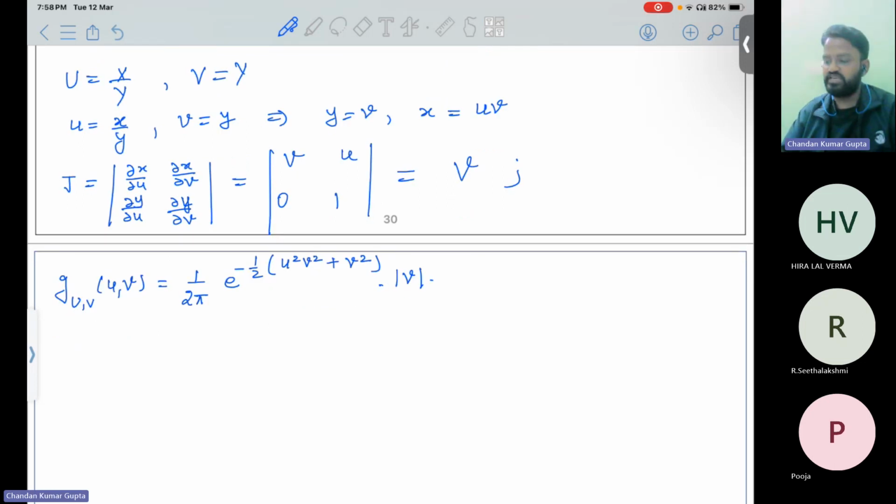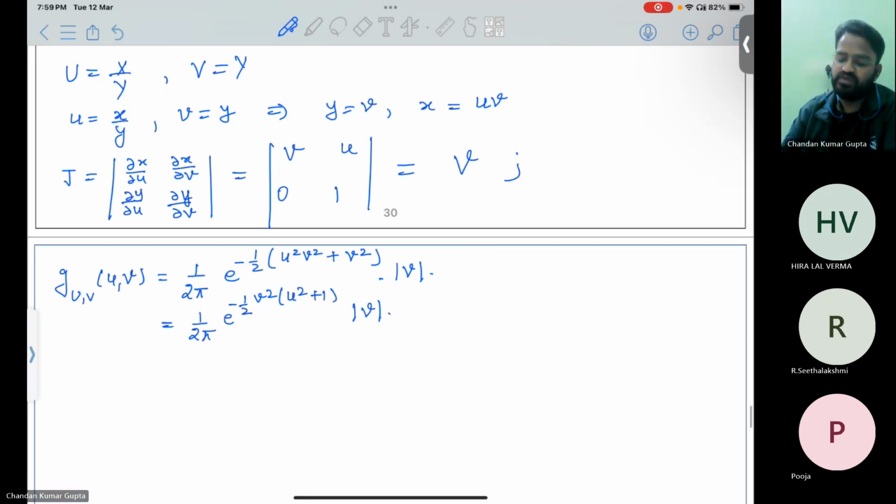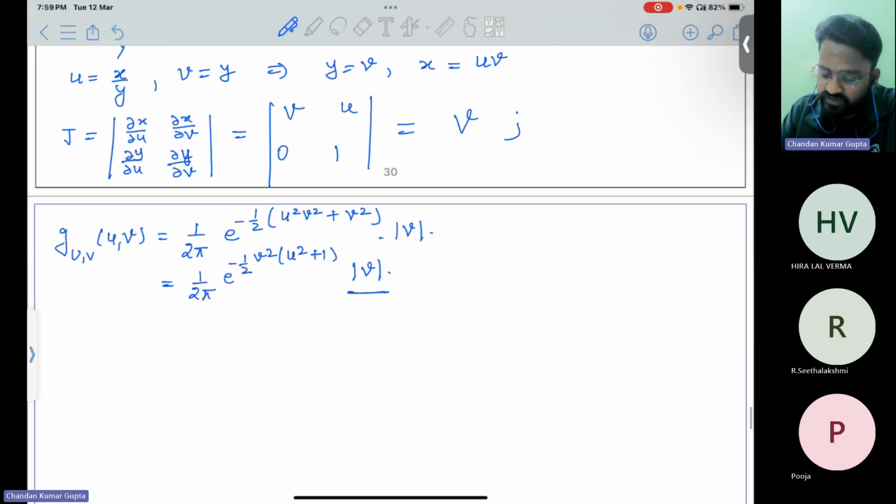Now here we may simplify it like this: 1 upon 2 pi e to the power minus 1 by 2 v square (u square plus 1) mod of v. It is a positive term and v square is also positive, just keep that in mind. So we have a joint distribution.